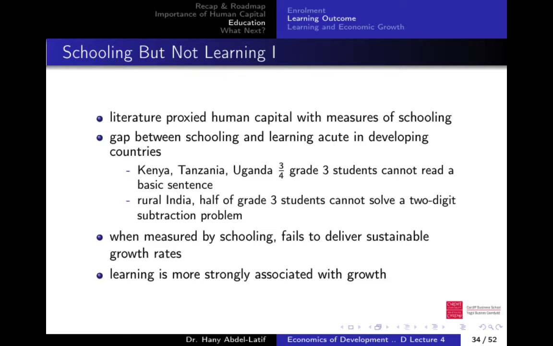So they are in school, but they are not learning. This is very, very important. When we measure human capital by only schooling or enrollment, it fails to deliver the sustainable growth rate that we wish for.